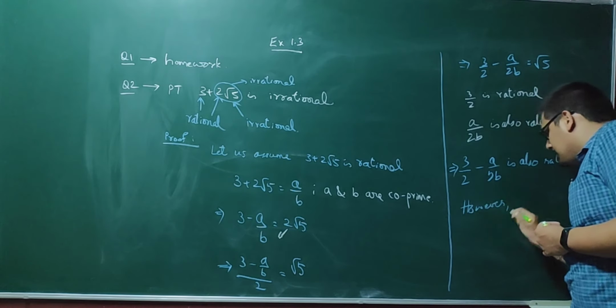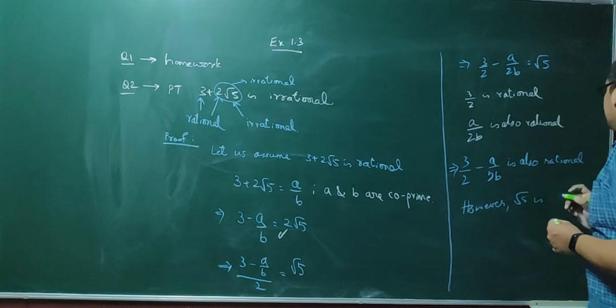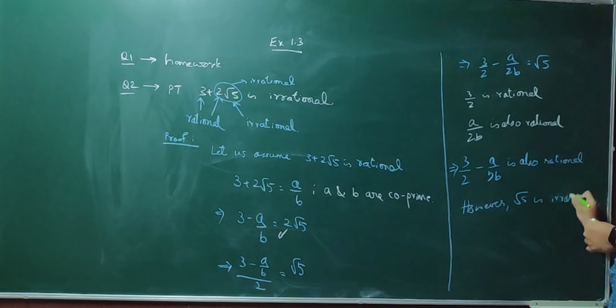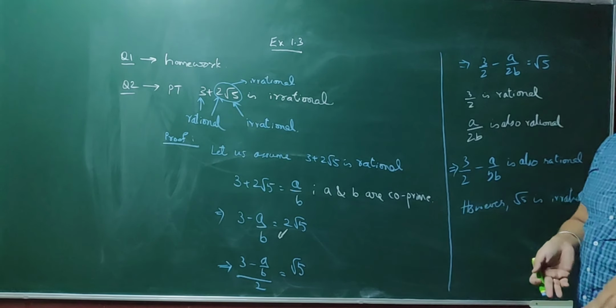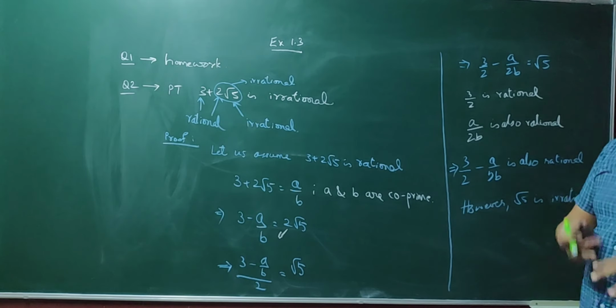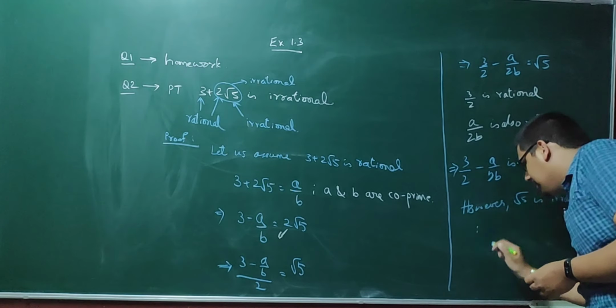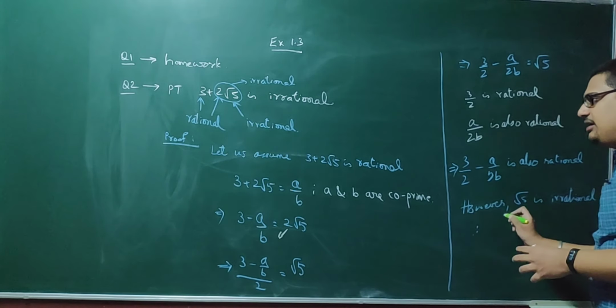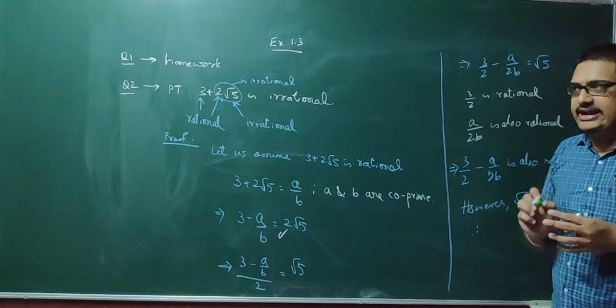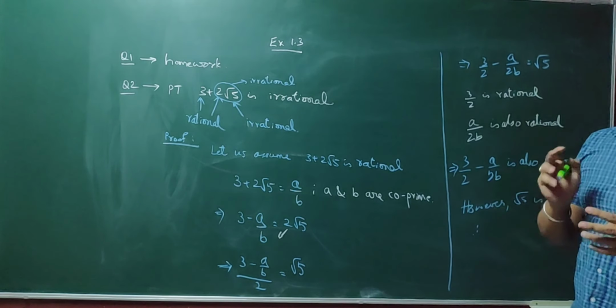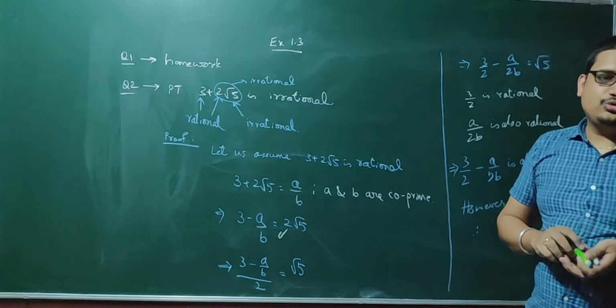However, root 5 is irrational. Am I right? Root 5 is irrational, which makes LHS not equal to RHS. So what does it mean? What do we conclude from this? So we can say that by contradiction, this contradicts our initial assumption that 3 plus 2 root 5 is rational. Therefore 3 plus 2 root 5 is irrational.